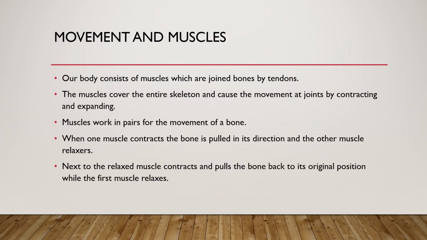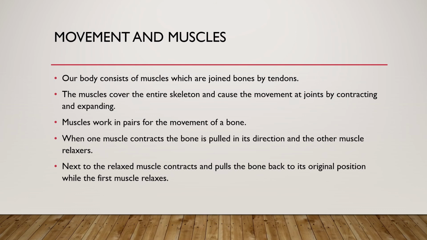Movement and muscles. We now know that the framework of bones and cartilage forms the skeletal system. But the skeletal system shows movement in coordination with the muscular system. Our body consists of muscles, which are joined by tendons. Now we need to understand the key terms here: the place where a bone is attached to the muscles is joined through tendons.